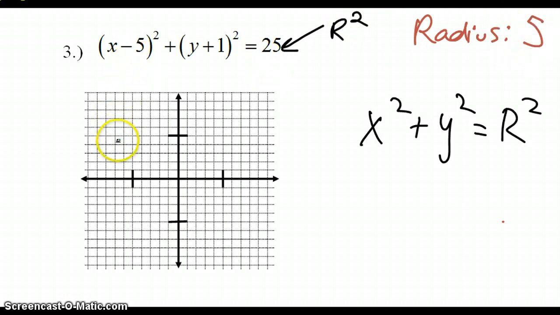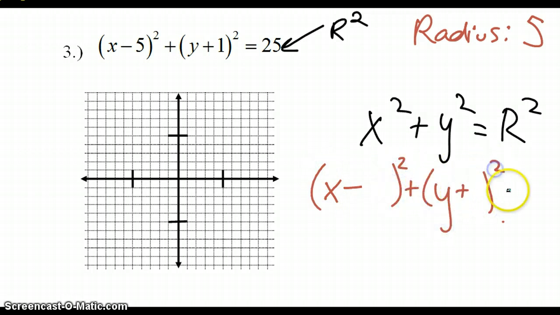Okay. And then what about the left side? The left side looks a little bit different than last time. Last time we just had x squared plus y squared. This time we have x minus a number, squared, plus y plus a number, squared, and that equals the radius squared. In the general equation, we're going to call the number that gets subtracted from the x h, and we're going to call the number that gets subtracted from the y k.